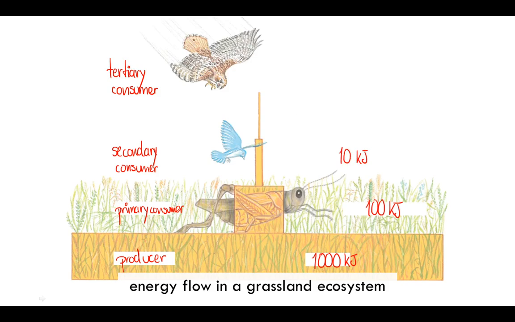And then the hawk swoops down, eats the whole bird, feathers and all. It gets 10% of 10, which is 1. Okay. So you can see very quickly as you make your way from one organism to the next, the amount of energy that's available to them decreases very quickly.